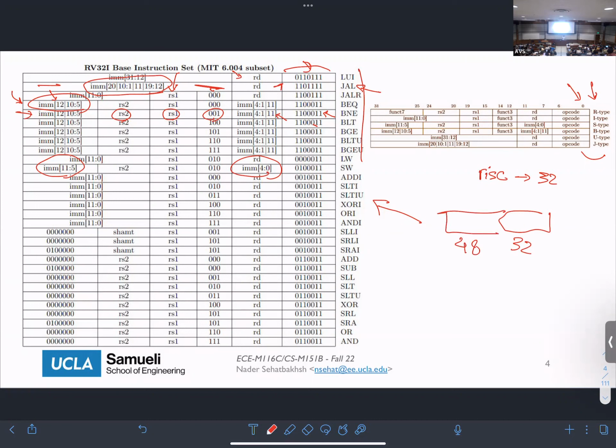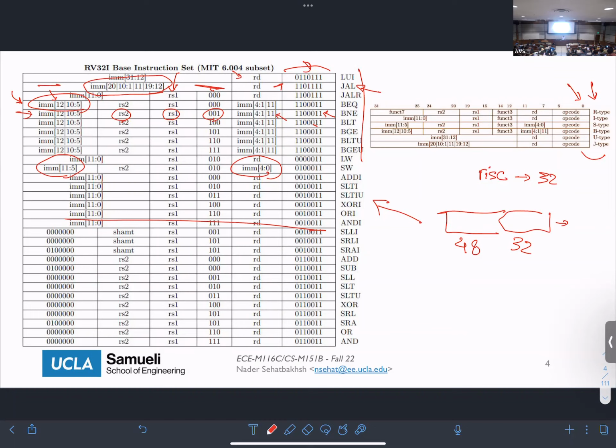The downside is that decoding is much more complex. Here we know that everything is 32 bits, so we just get the whole chunk and do the decoding. For CISC, we have to first read the first 32 bits and then decide whether we need to fetch more or less. So it's a trade-off between these two.